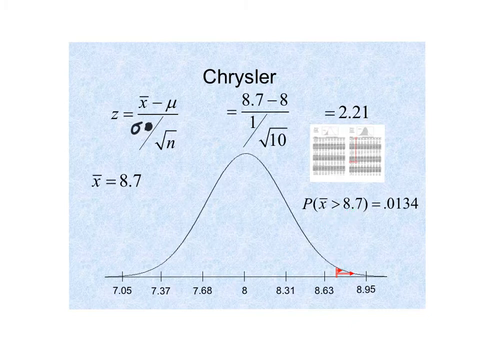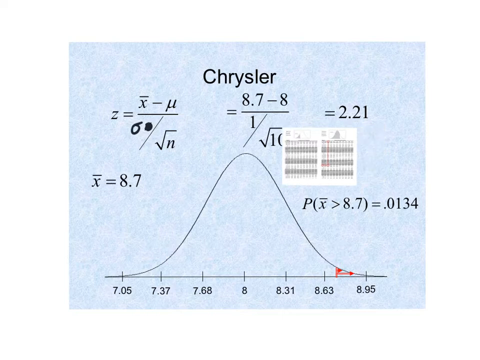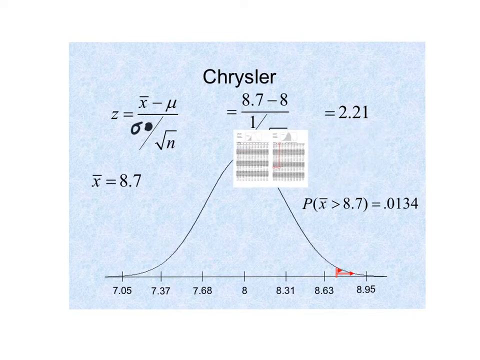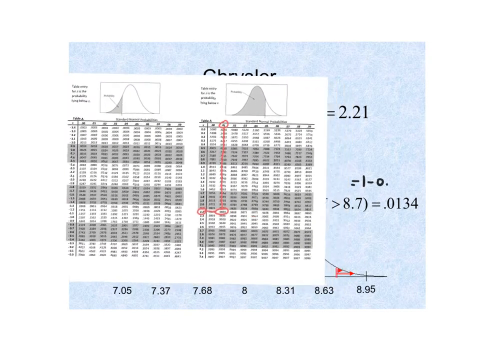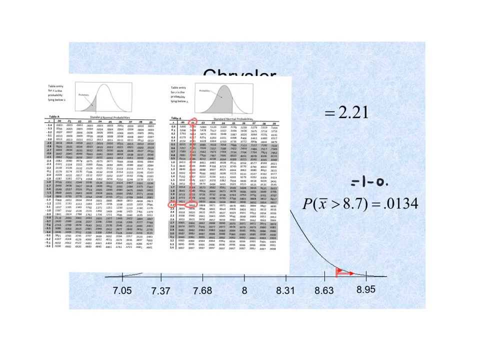So what I'm going to do is actually subtract here. 1 minus what was the number? 0.9864. Which gives me 0.0136. Okay.